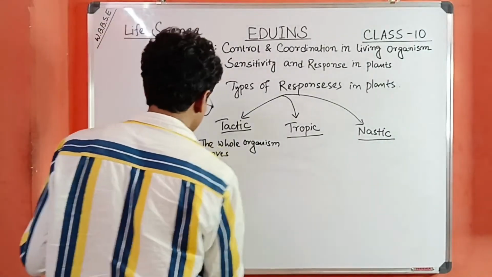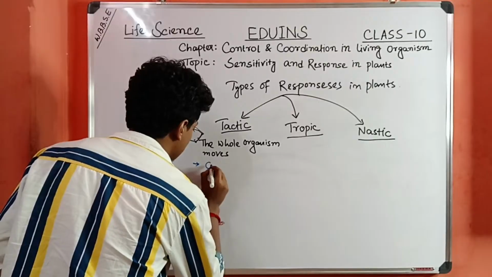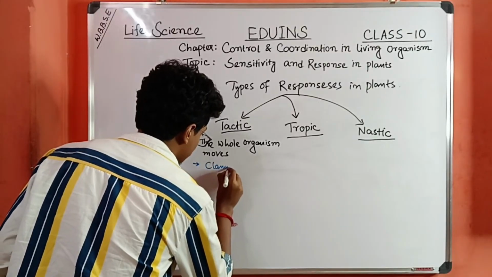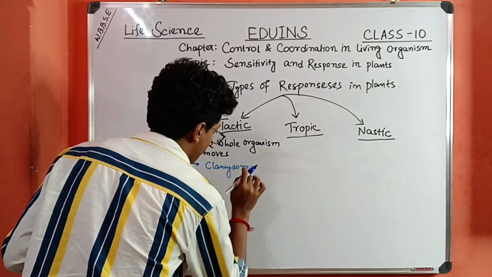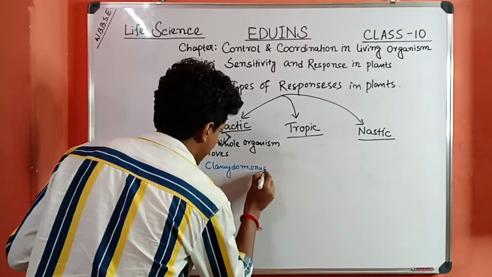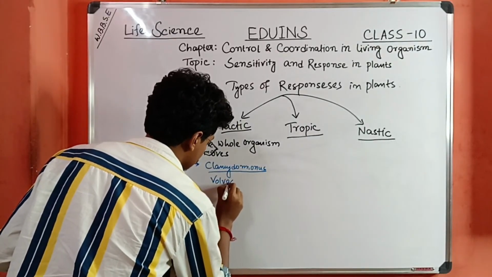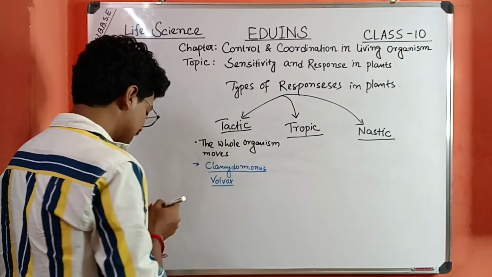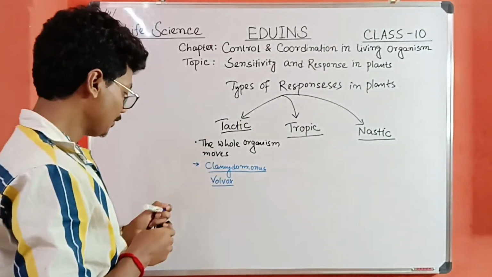If we go for some examples like Chlamydomonas or Volvox, these are the lower class of plantae.